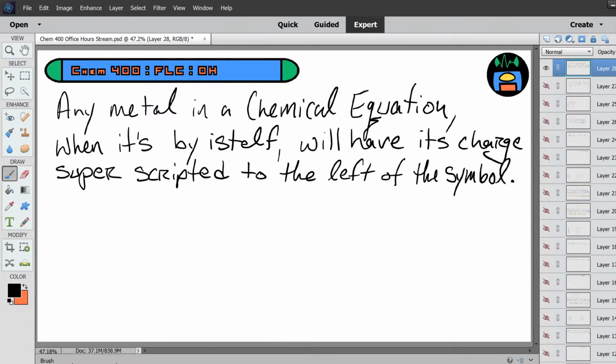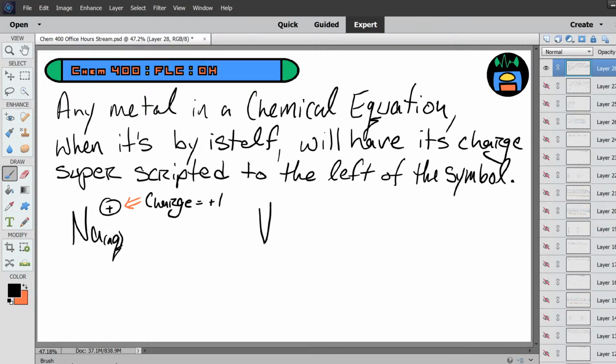So, for example, if you saw this, superscripted to the left of the symbol, charge equals +1.